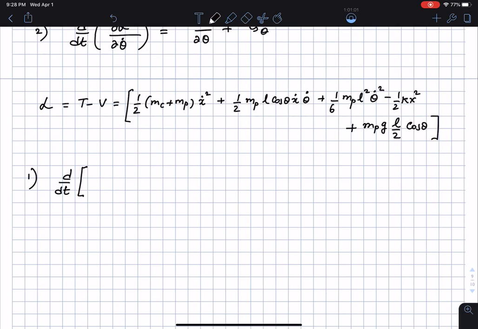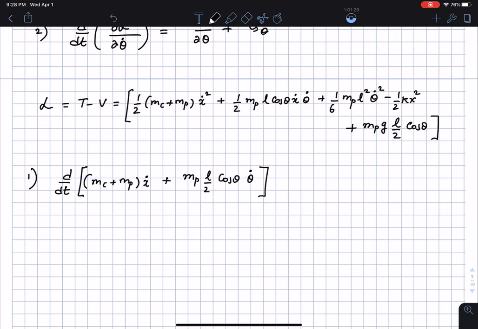So this is x dot, term containing is mc plus mp, so this is going to be mc plus mp x dot squared becomes x dot. Then I have a term containing theta here, that's going to be plus mp l by 2 cos theta times theta dot, that's a term containing x dot. Okay, these are the only terms containing x dot.